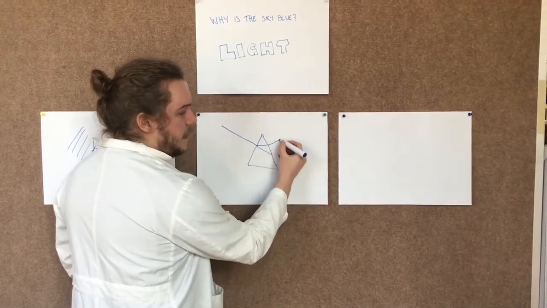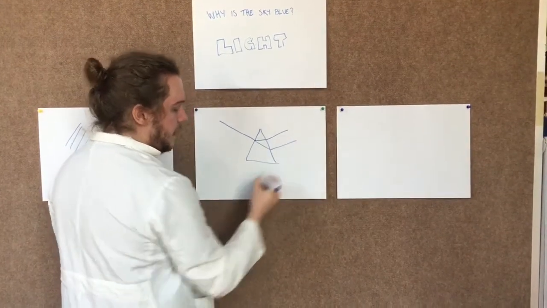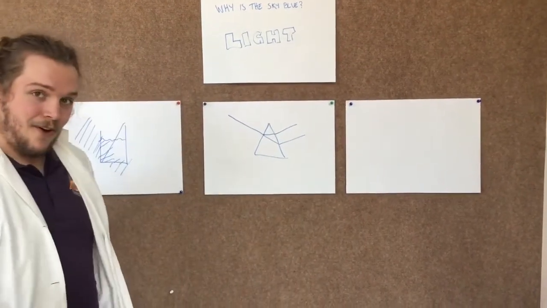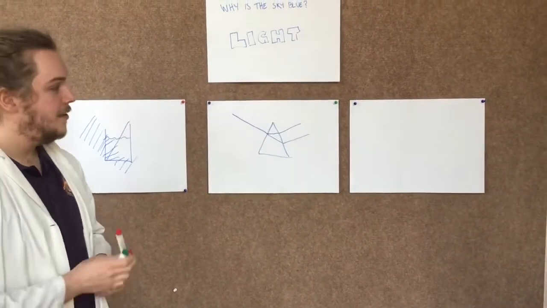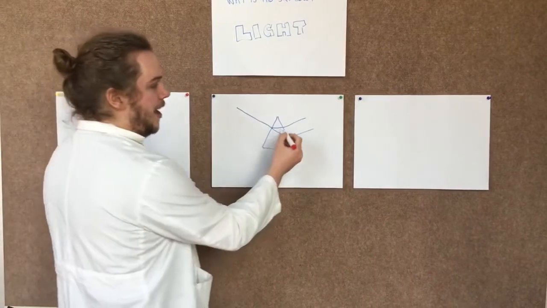And we see them exit in different colors, all after separating the different wavelengths of light throughout our prism.